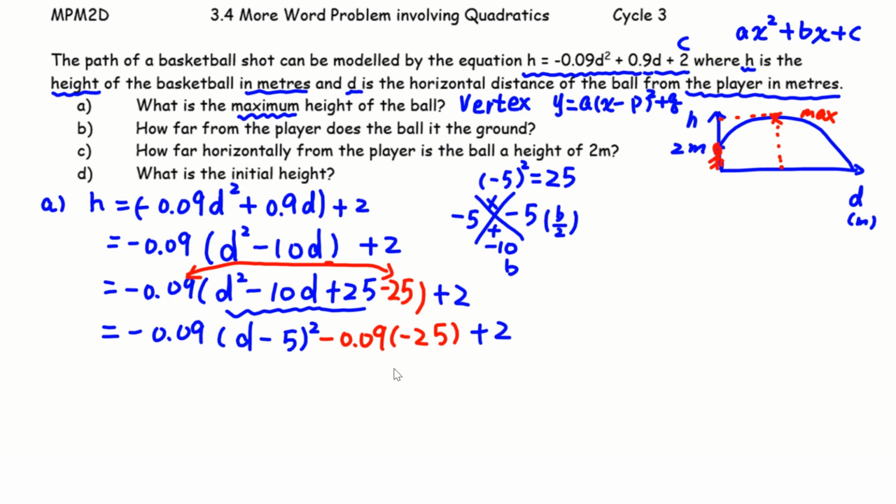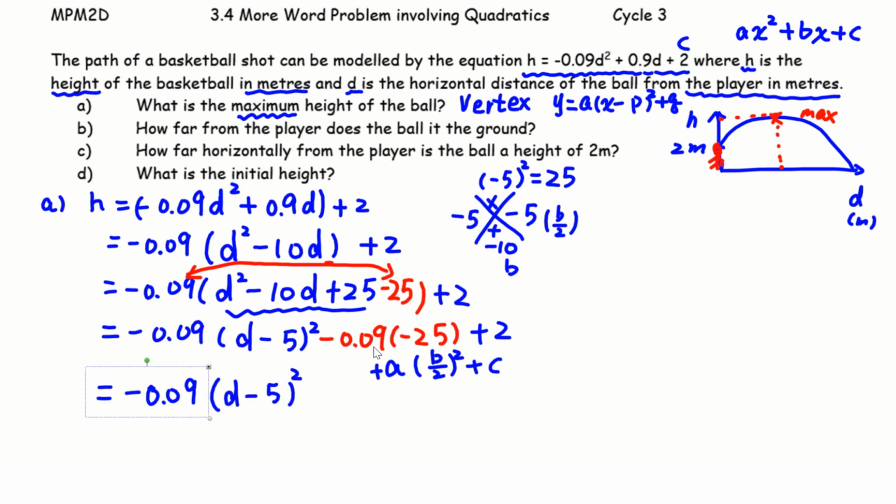So this term is a times b over 2 bracket squared, then plus c. So we combine these two constant terms, then you will have the vertex form negative 0.09 bracket d minus 5 bracket squared.